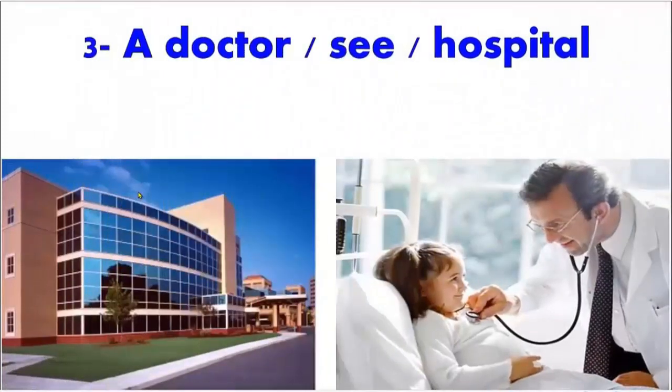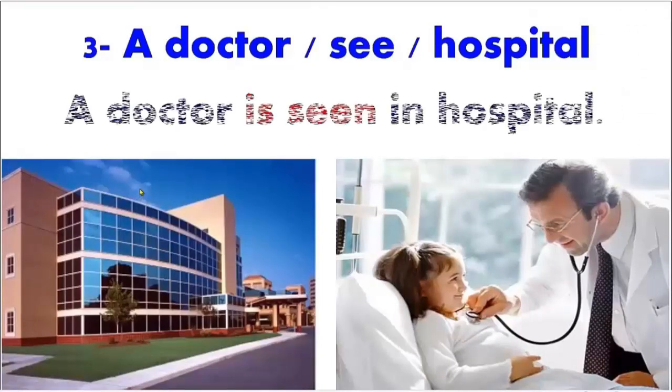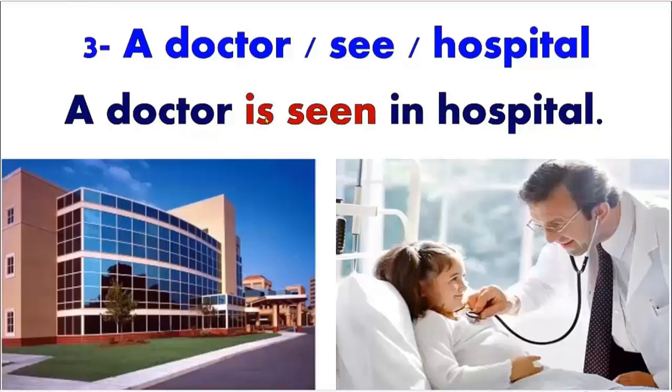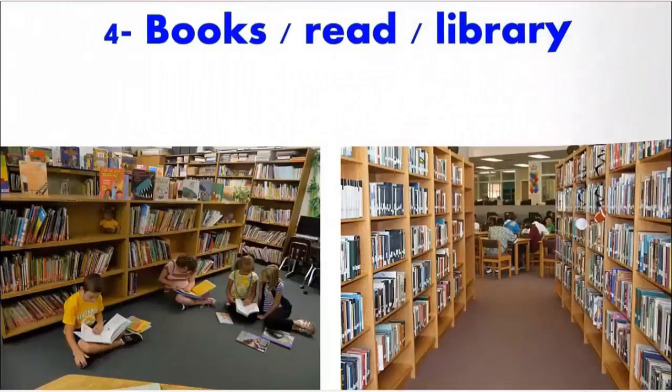Okay. 3. A doctor see hospital. Who can form a passive sentence? Okay, a doctor is seen in hospital. We started with the object. A doctor is the third form of the verb see is seen. A doctor is seen in hospital. 4.